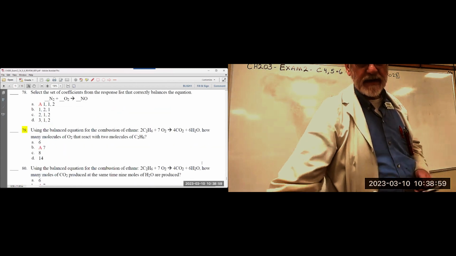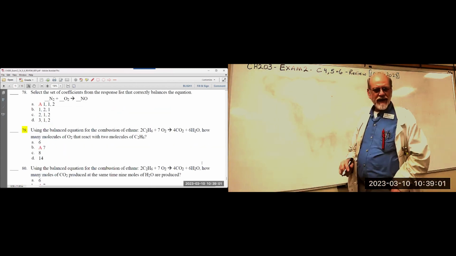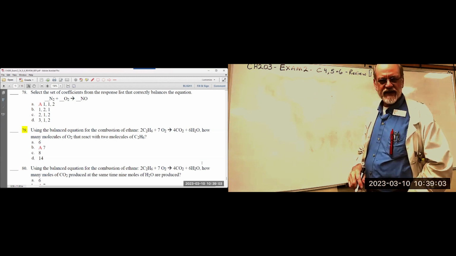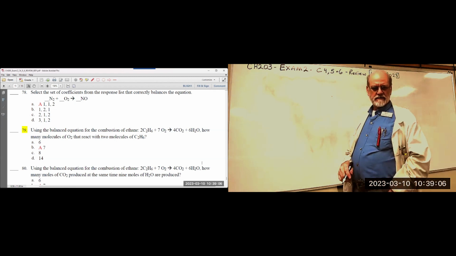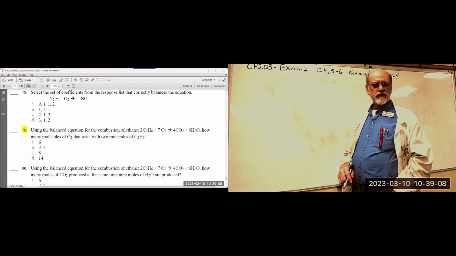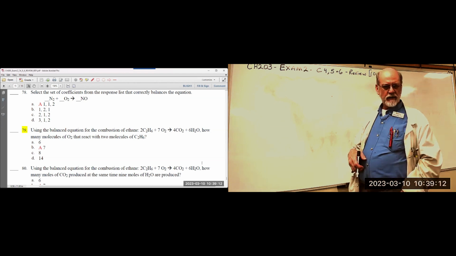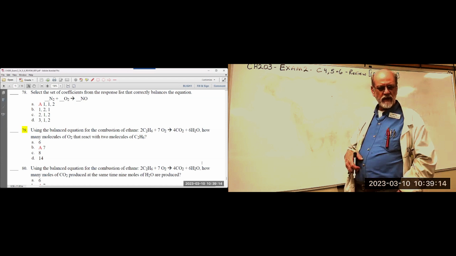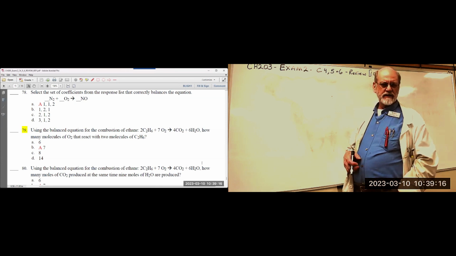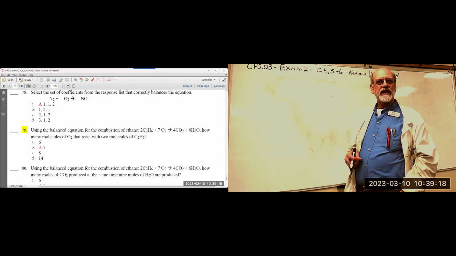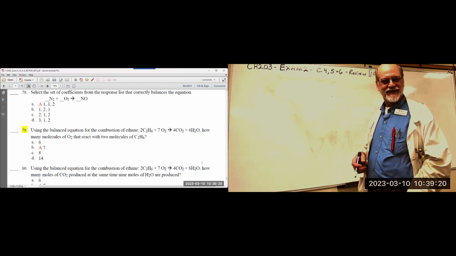Let's see, 79. Using the balanced equation for the combustion of ethane, how many molecules of O2 react with 2 molecules? There's something wrong with that. The English is wrong in that sentence. Grammar's bad.